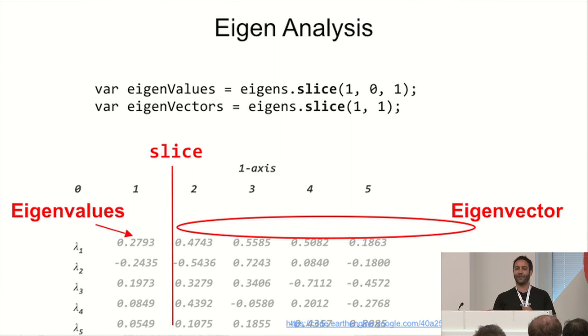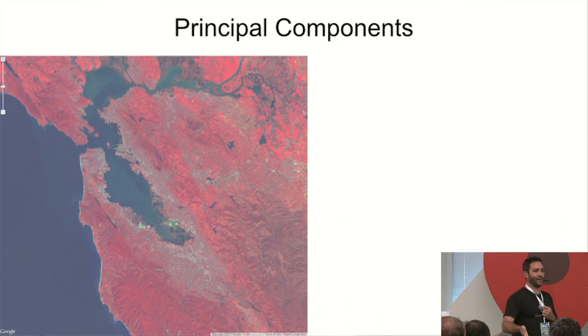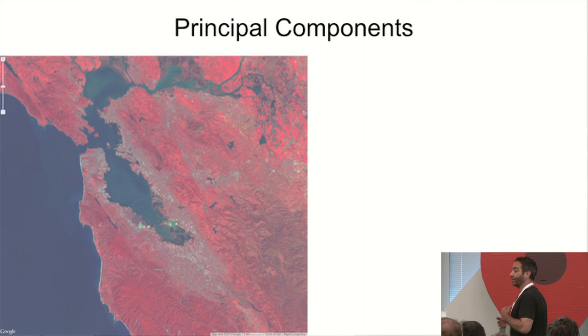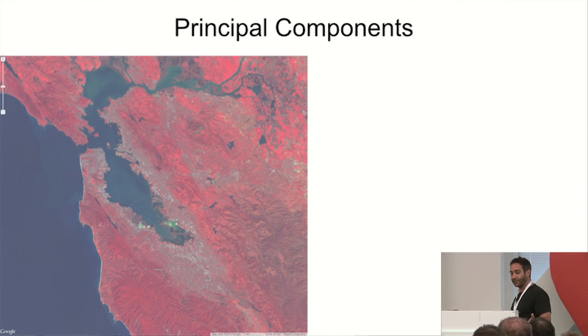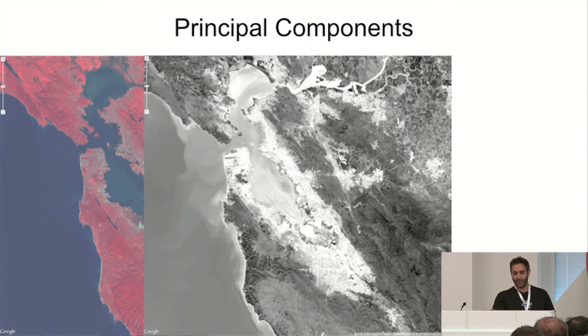And then we can apply the eigenvectors back to the input image pixel values in order to get principal components. So here's the input image. Here is principal component 1.